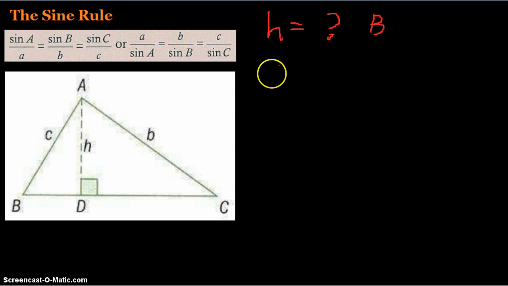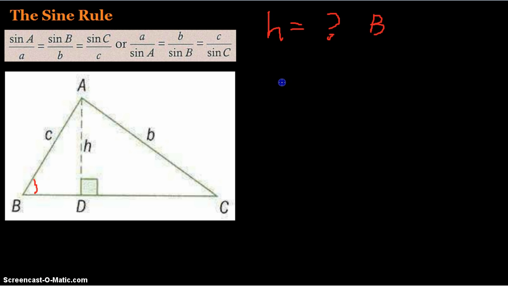Okay, I hope you have tried it. I'm talking about this angle right here, angle B. For that angle, h is my opposite, and the side c, small c, is my hypotenuse.